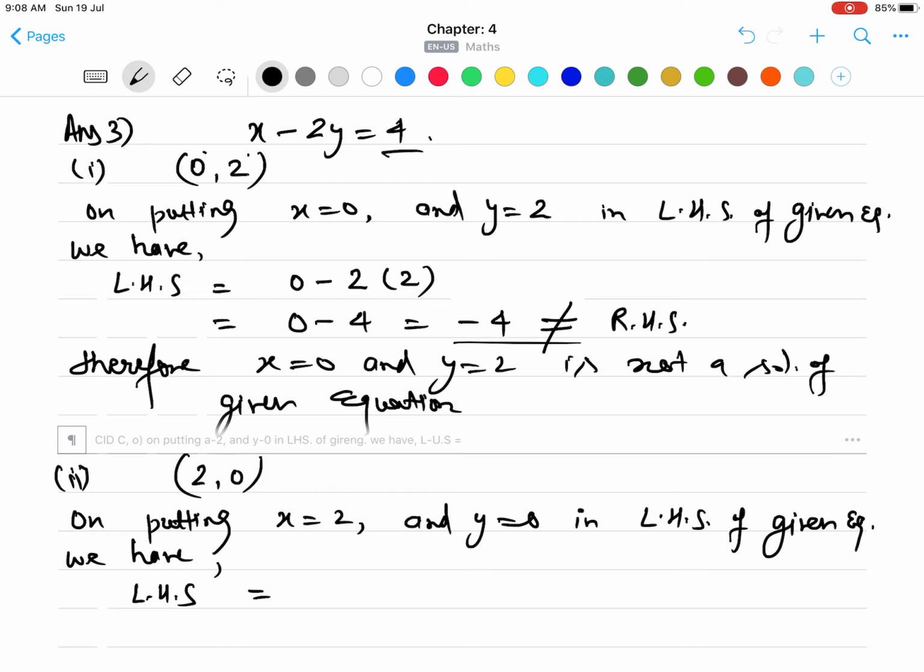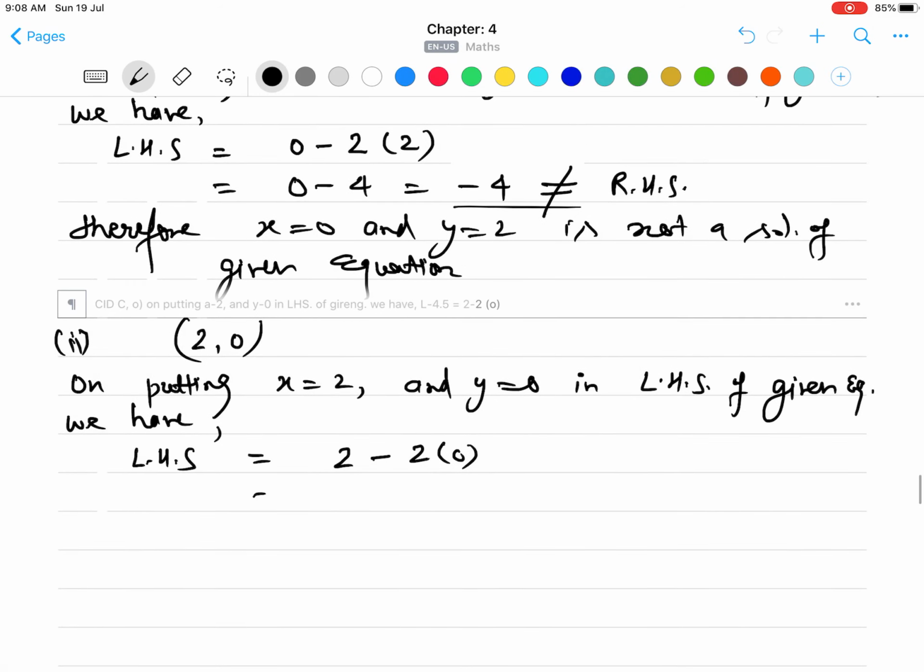So at the place of x we write 2, then minus 2y, at the place of y we write 0. So this will be 2 minus 0, which equals 2, which is again not equal to the right hand side term.